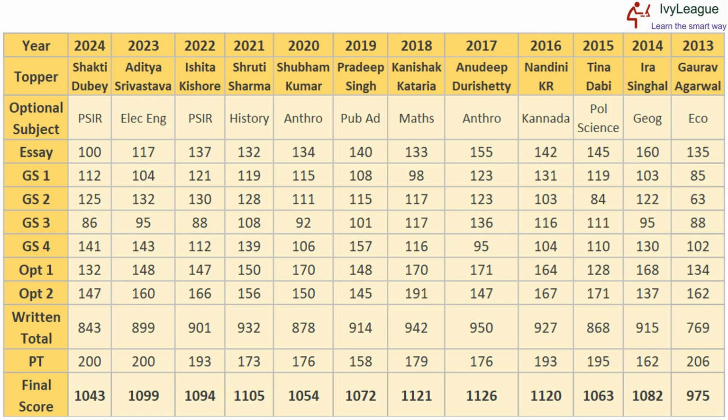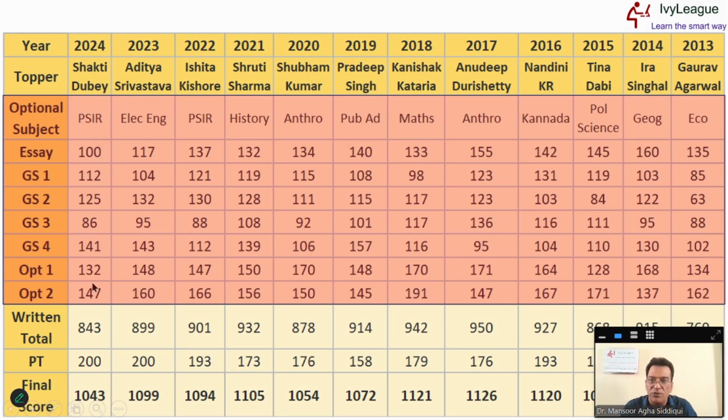The most important section for us is this particular part: optional subject, essay paper, GS 1, 2, 3, 4.